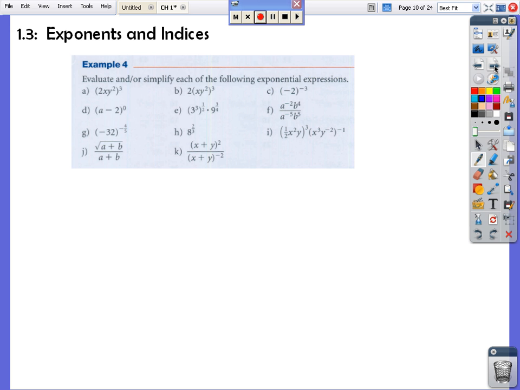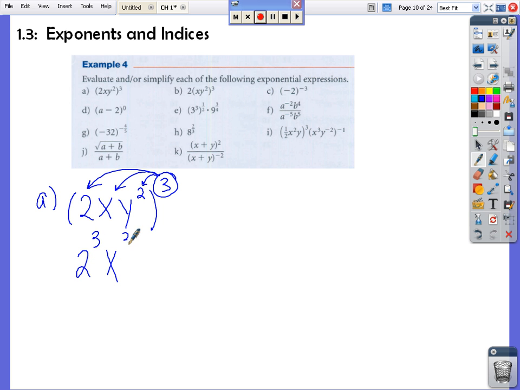Now back to exponents and indices. I'm going to assume that you know most of your exponent rules. Let's just talk about things such as part A here, (2xy squared) cubed. So when you have a power to a power, so where did that happen? First of all, this power on the outside should get distributed 3 times. So I get 2 cubed, x cubed, y squared cubed.